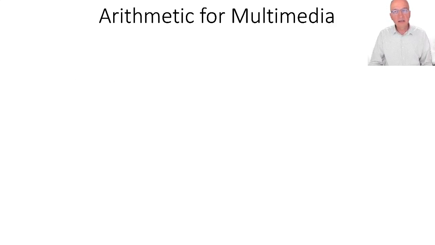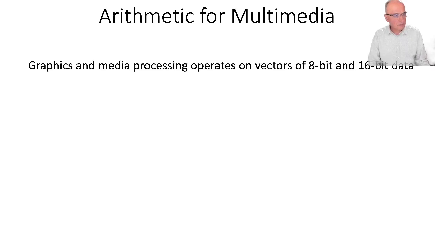Now let's look at arithmetic for multimedia. We often use our processors to process graphics and media. And when we are doing this kind of processing, we are operating on data that is smaller than 32 bits. So often we are operating on 8-bit or 16-bit data. In that case, I would like to be able to partition a word into smaller pieces.